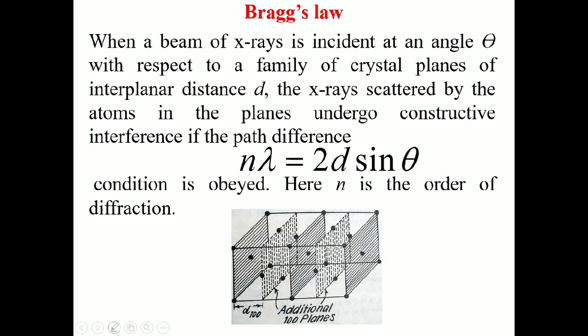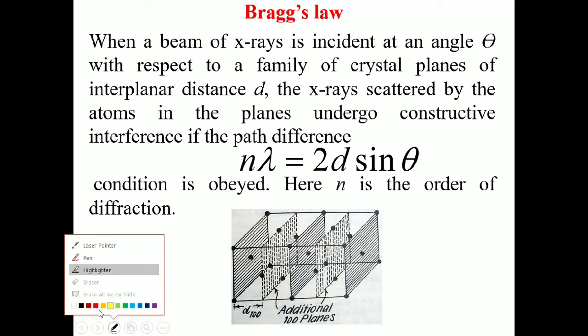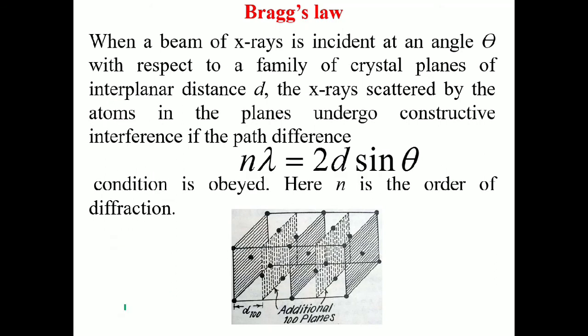Observable objects will have a size of the order of millimeter or centimeter or more, so those sizes are very high. Such obstacles are not suitable for diffracting X-rays.